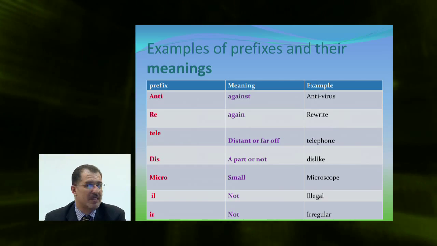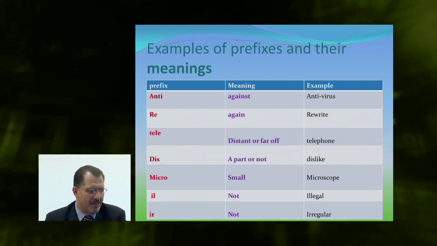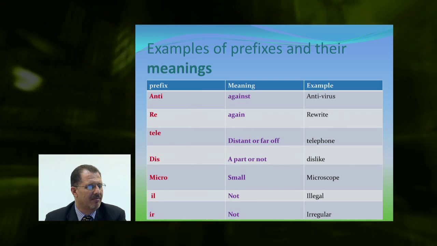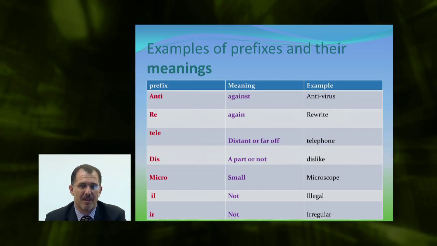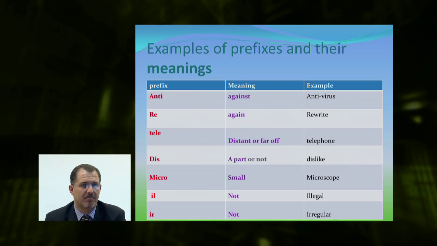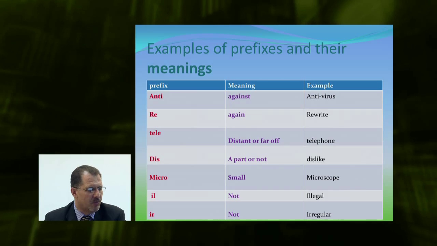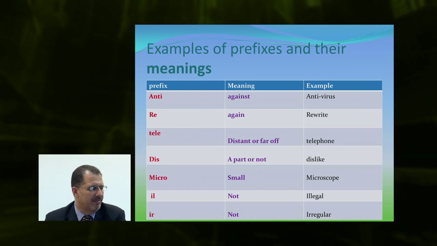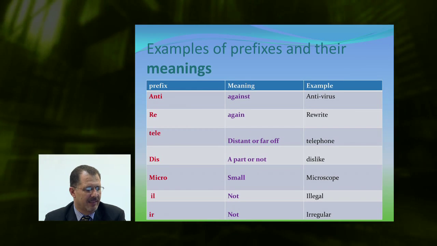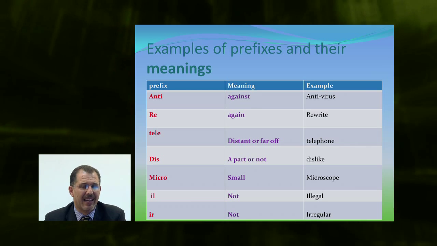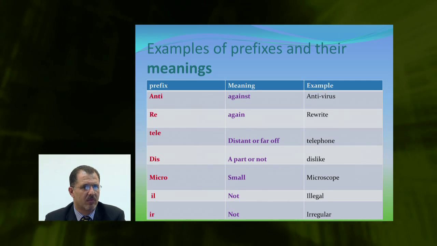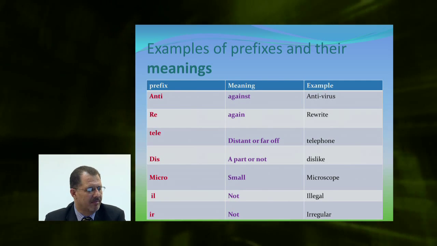The next one is micro. The meaning is small, and the example is microscope, microwave, and so on. The next prefix is ill, which means not. We have this example, illegal. We have also illiterate.